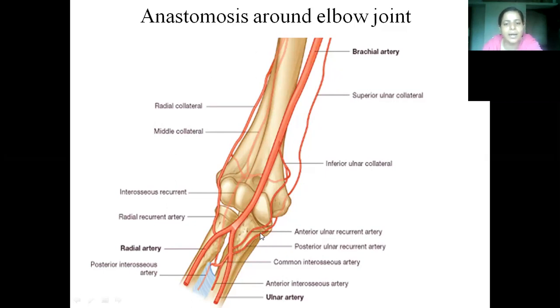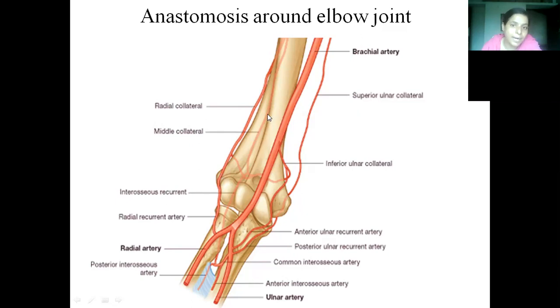Now, coming to the lateral epicondyle of the humerus, in front, this artery is the radial collateral, the anterior descending branch, one more name. Radial collateral is anastomosing with the radial recurrent artery.